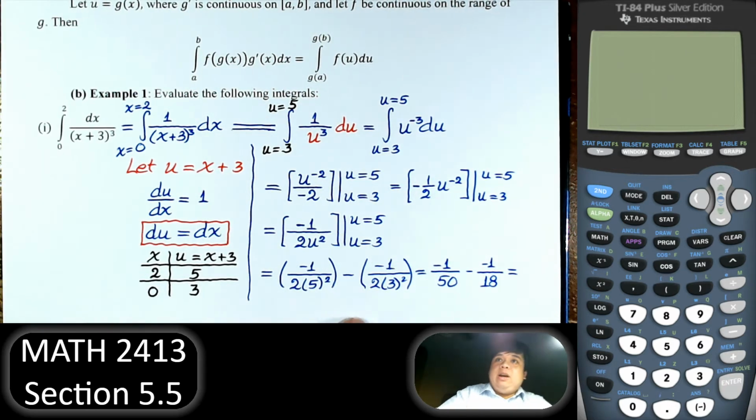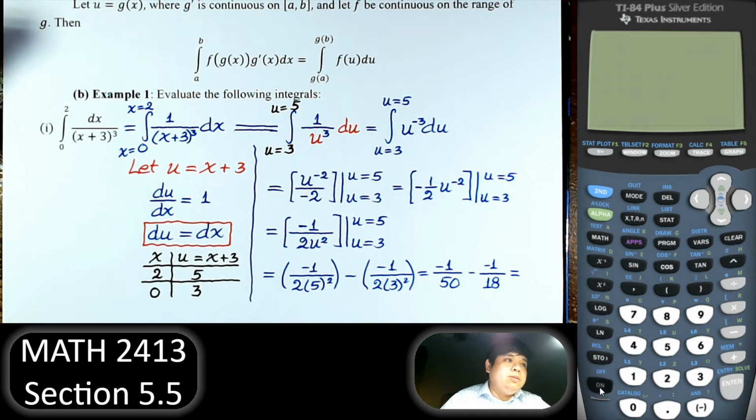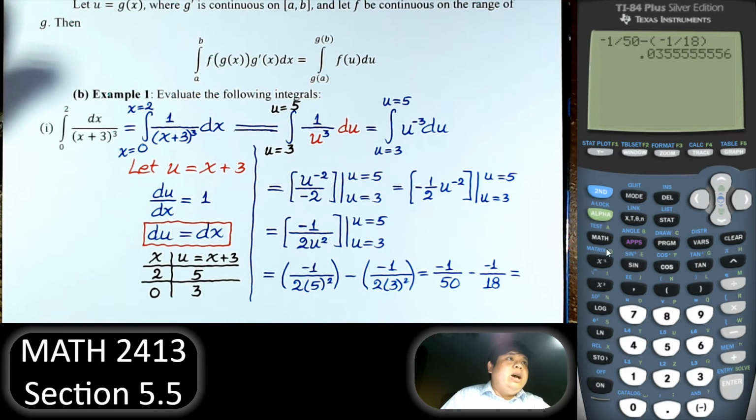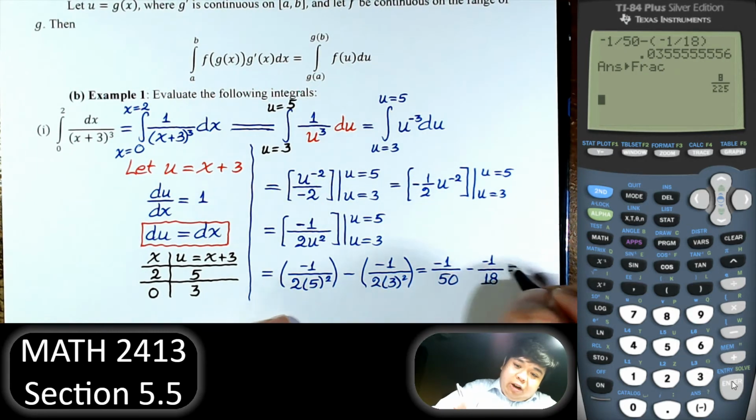So that's what we have. -1 over 50, subtract -1 over 18. And that's what we have, which is 8 over 225.